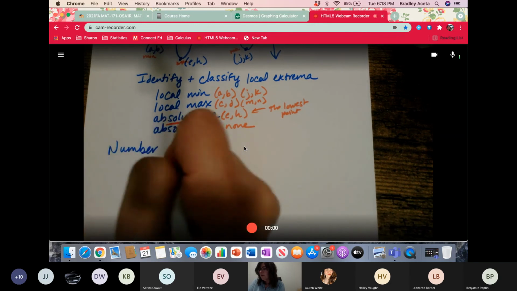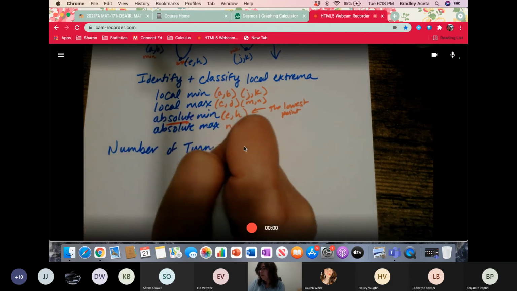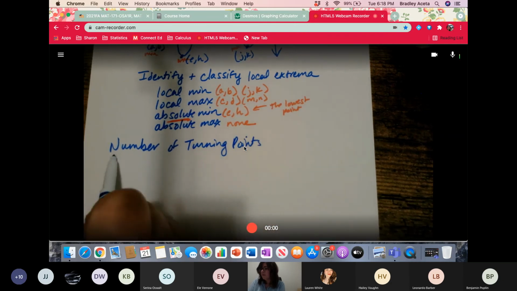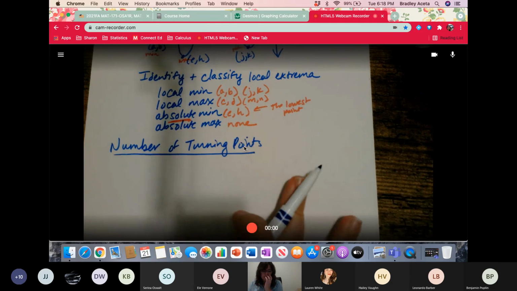All right, now let's go back to turning points for a minute. How do we find the number of turning points besides just counting the curves?